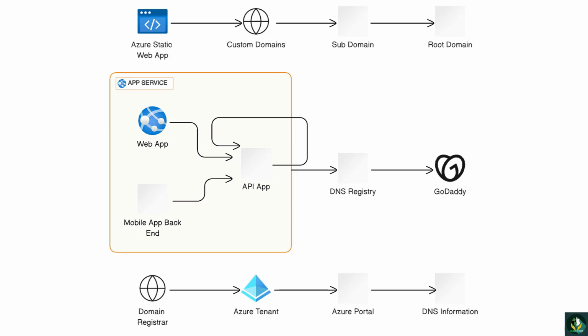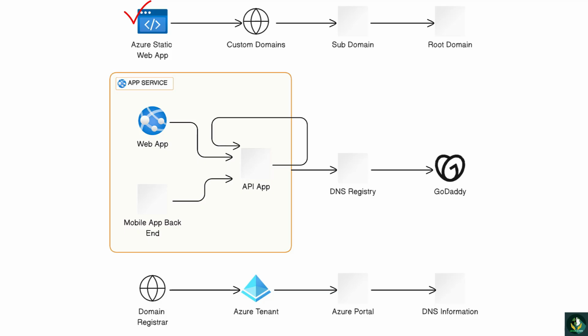To add a custom domain name to an Azure static web app, you need to map your custom domain to your site. Azure Static Web App provides an auto-generated domain name for your website by default, but you can point a custom domain to your site.